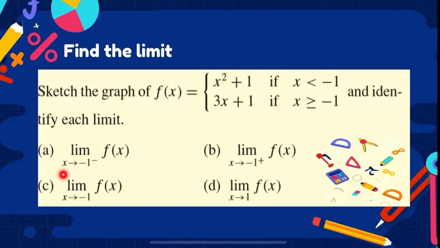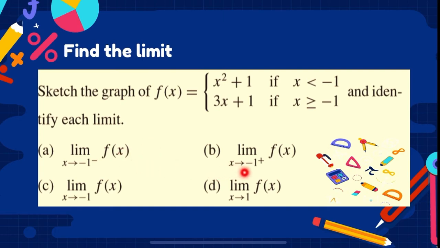So when x approaches negative 1 from the left side, it means here that x is less than negative 1. So we substitute in the first equation, which is this. So x squared plus 1 will be negative 1 squared, which is 1, plus 1, which gives us 2. So when x approaches negative 1 from the left side, f of x is equal to 2.